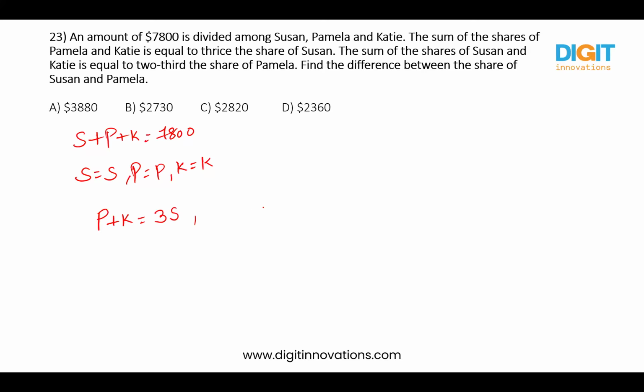The sum of Susan plus Cathy is equal to 2/3 of Pameli. In this equation, I'm going to convert the value. So it will be 3S plus 3K equal to 2P.